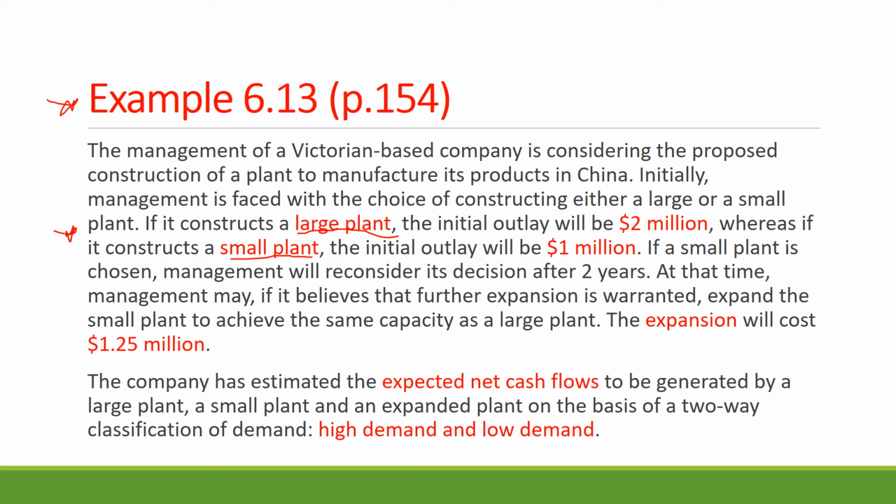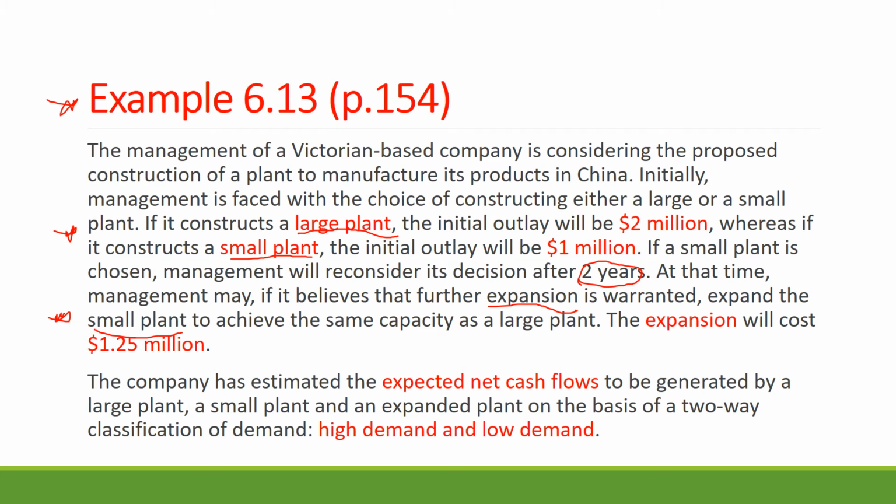With a larger plant, the initial outlay is a bit higher. In relation to the small plant, the managers consider that after 2 years, they might decide either to expand the small plant or not. So the second decision, therefore, is to expand a small plant to a bigger plant.